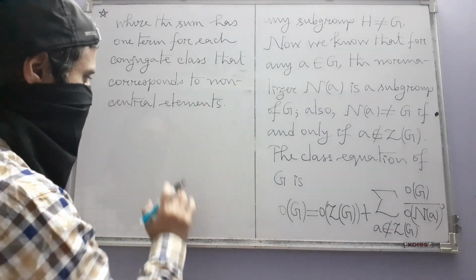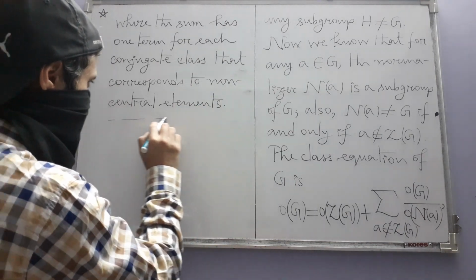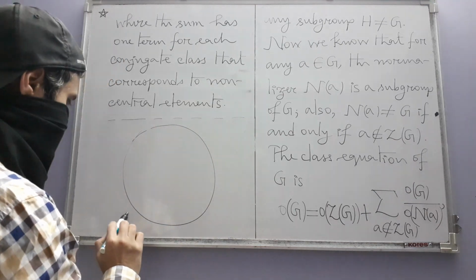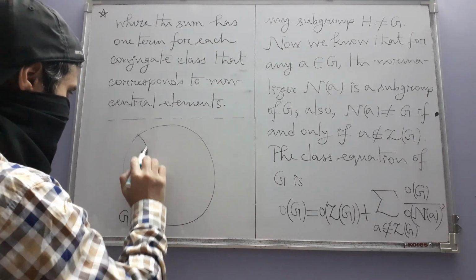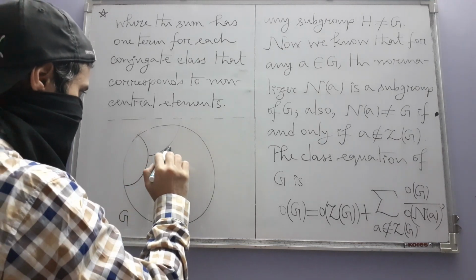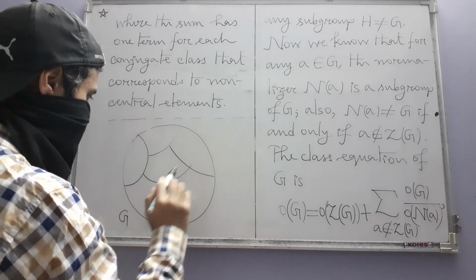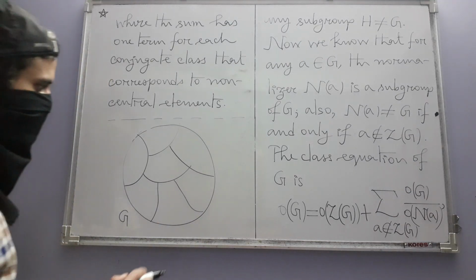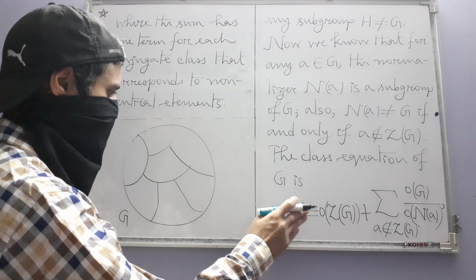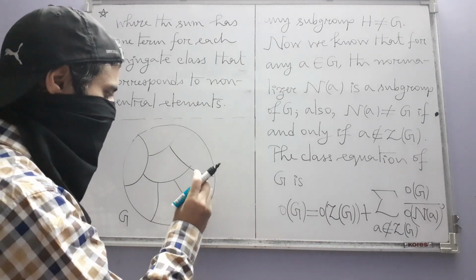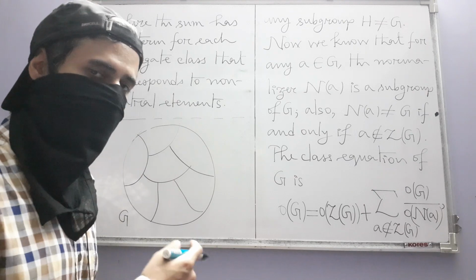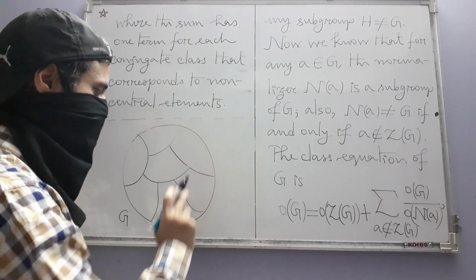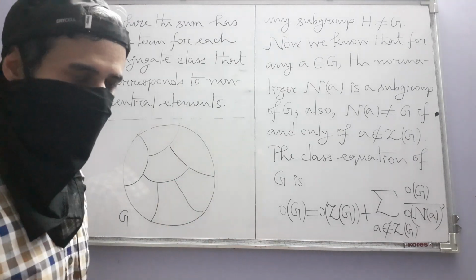What that means is this. I'm going to draw a diagram here. So this is your group. Now the conjugate classes partition the group. We already know these things, and that's how we in fact get the class equation. Each central element creates a conjugate class of its own in which that is the only element, and non-central elements create conjugate classes which have more than one element.